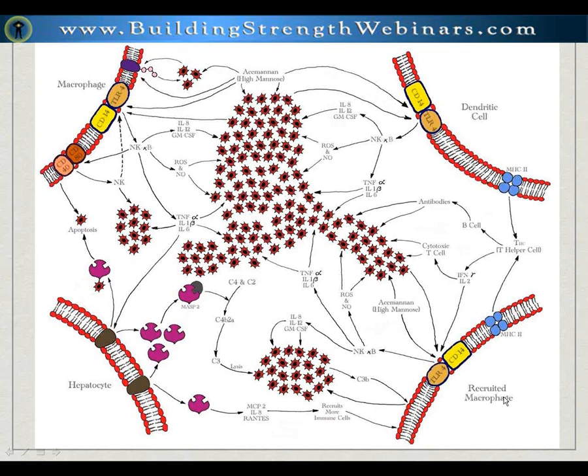And then we recruit macrophages, and they're turned on, as we mentioned earlier, by gamma interferon and interleukin 2.